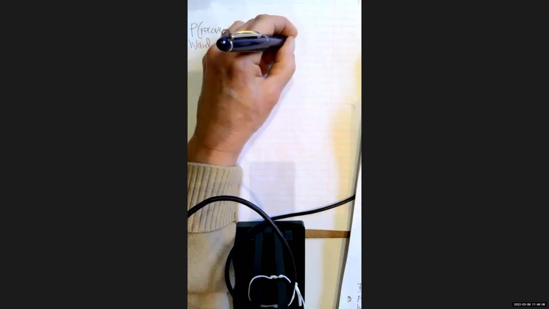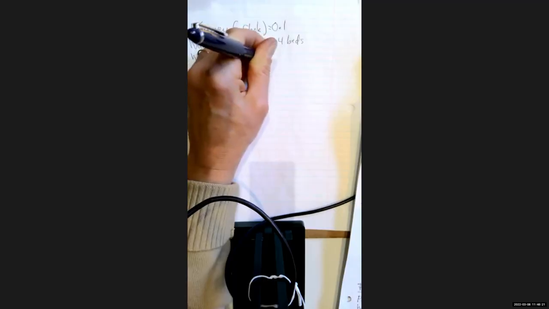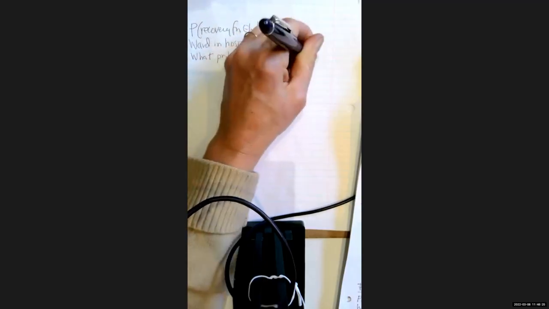If we have a ward in our hospital, which is a room that has 4 beds, we can find some different probabilities based on this scenario, right? What is the probability that all 4 children in a ward survive?